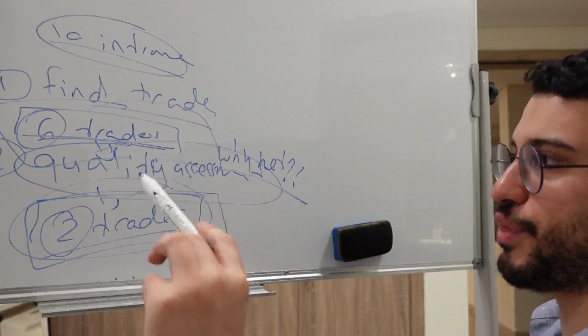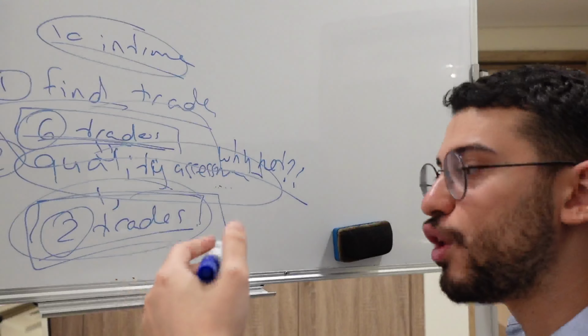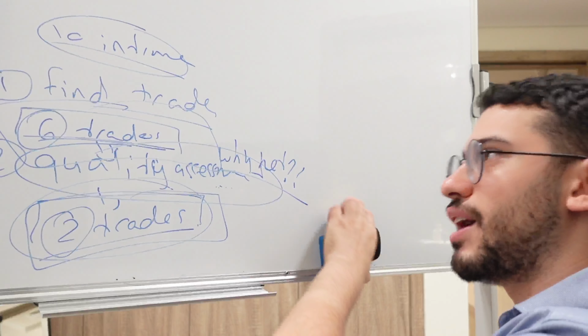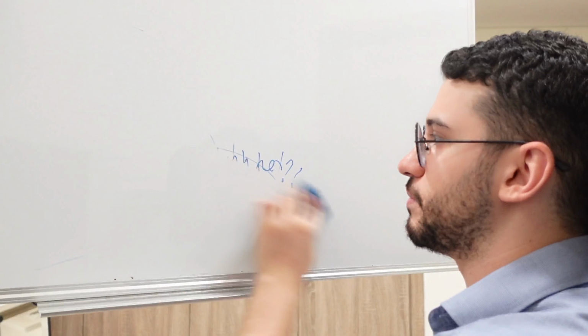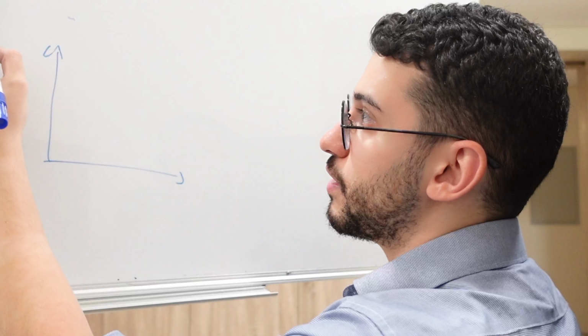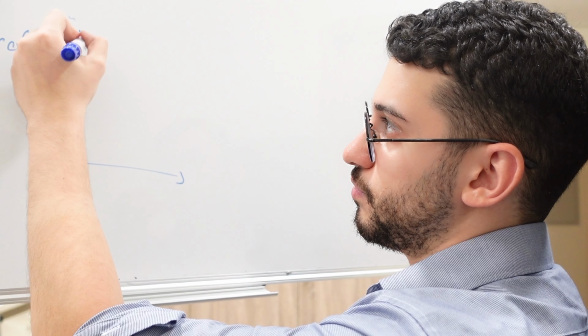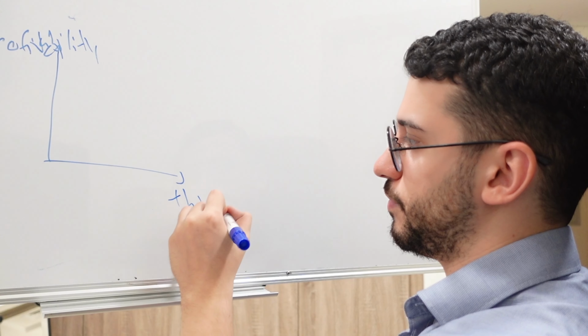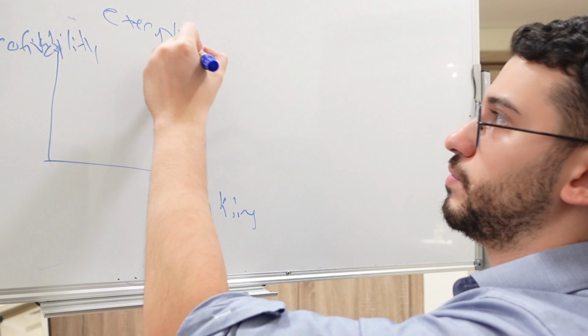Now, I want to say one thing. My quality assessment strategy is predefined. This is another mistake that traders make. Okay, let me draw a chart here. This is your profitability, and this is thinking. This is your execution day.